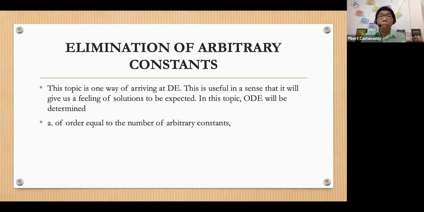It just means that for you to obtain its differential equation, you must differentiate the given function as many times as the number of arbitrary constants. That's why if there are two arbitrary constants, it is second order, because you have differentiated twice.